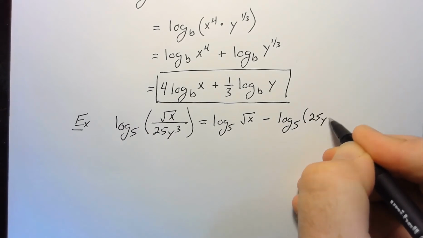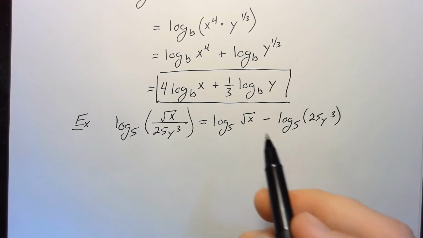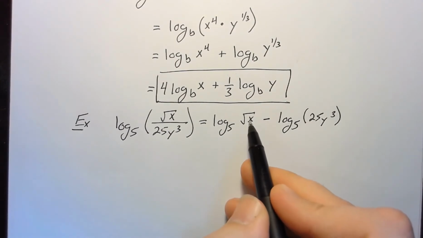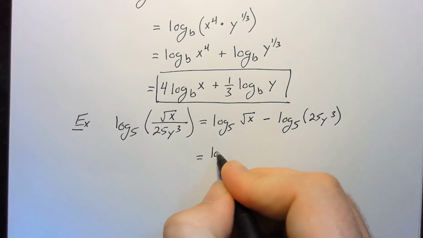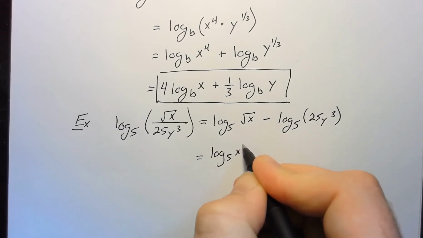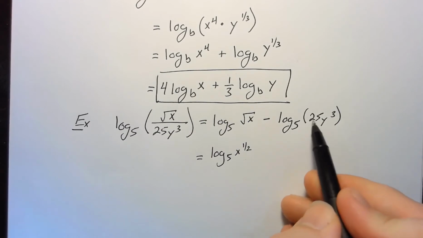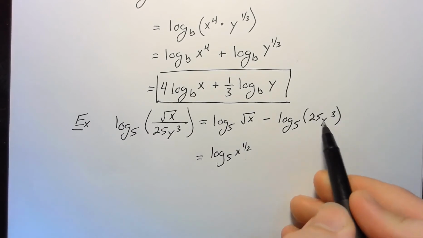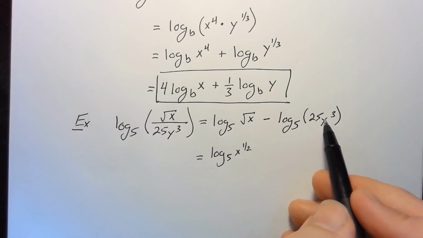Now, the reason why this is so important for us to recognize is because now this square root can change to a 1/2 power, and I can pull that 1/2 power down. But I'm not going to do that all in one fell swoop. I'm going to first just change it to x to the 1/2. The next piece that's important is back here. These two things are multiplied together, 25 times y cubed, and the fact that they're multiplied together tells me that they should change into an addition.